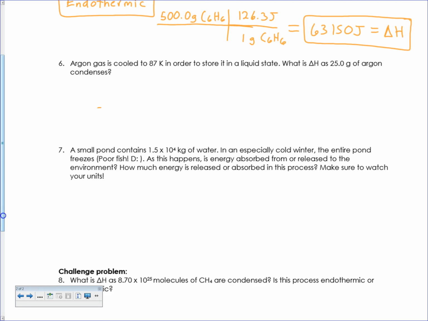So in this case, you look up argon, find its heat of vaporization. We know that we've got 25.0 grams of argon. We know that it releases 162.7 joules of argon for every gram.